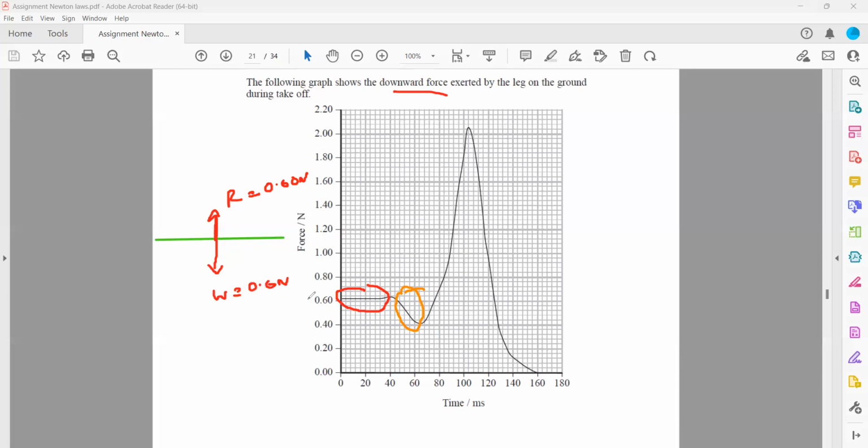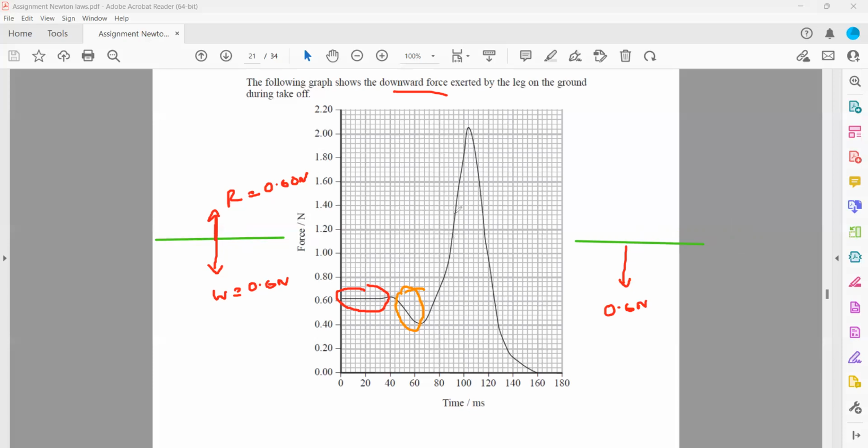The weight is already 0.6 Newton, or 0.61 Newton, you can also say. But now there is more downward force. 0.6 Newton is already there, that is the weight of the bird. Now, as a result, what happened?